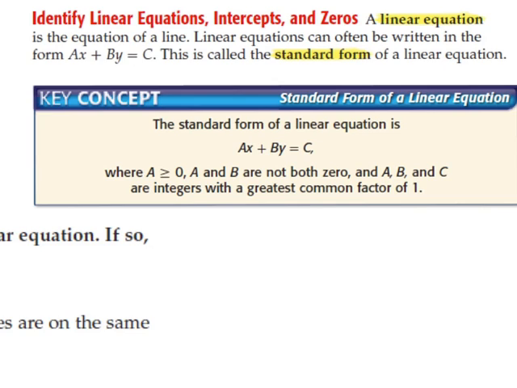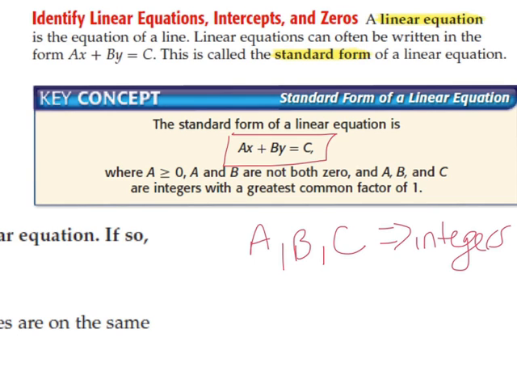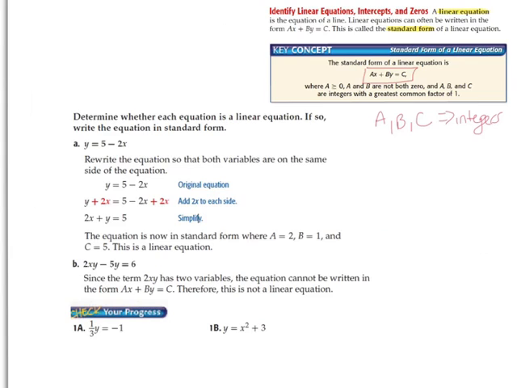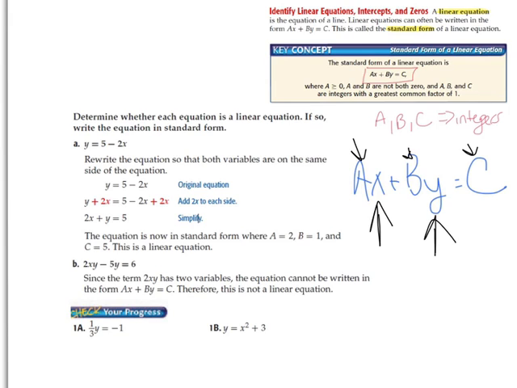So linear functions can be written in standard form, which is ax plus by equals c, where a, b, and c are integers. So if we needed to determine whether something was linear based on the equation, we can see here that when we have ax plus by equals c, we have a single x, as in not x squared, and a single y, and that all of our coefficients are integers.